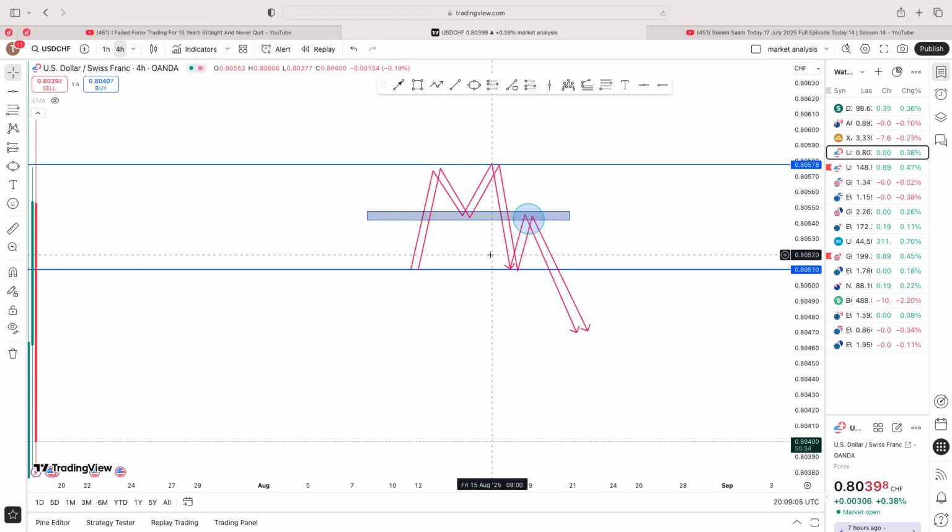If you're going to find a market pattern that is against the market structure, you have to first see the structure get broken on all time frames, to see that the market is changing direction. In order for you to trade the M pattern to be more valuable, you need to find a downtrend, because this is a sell pattern.